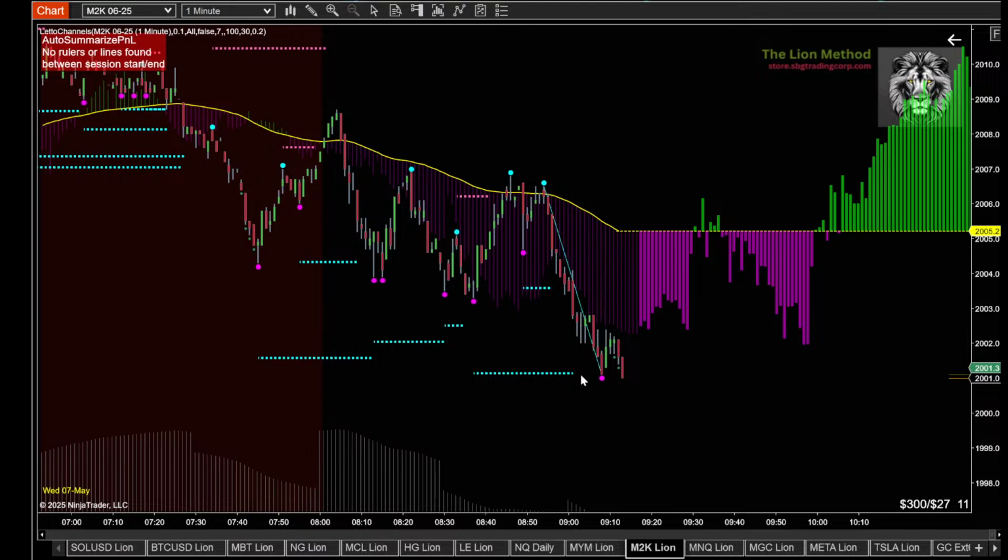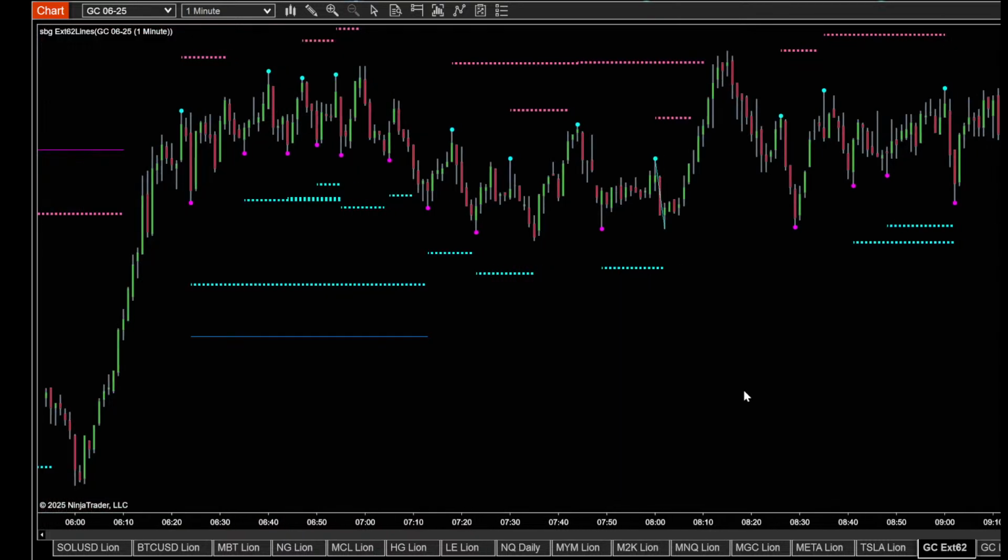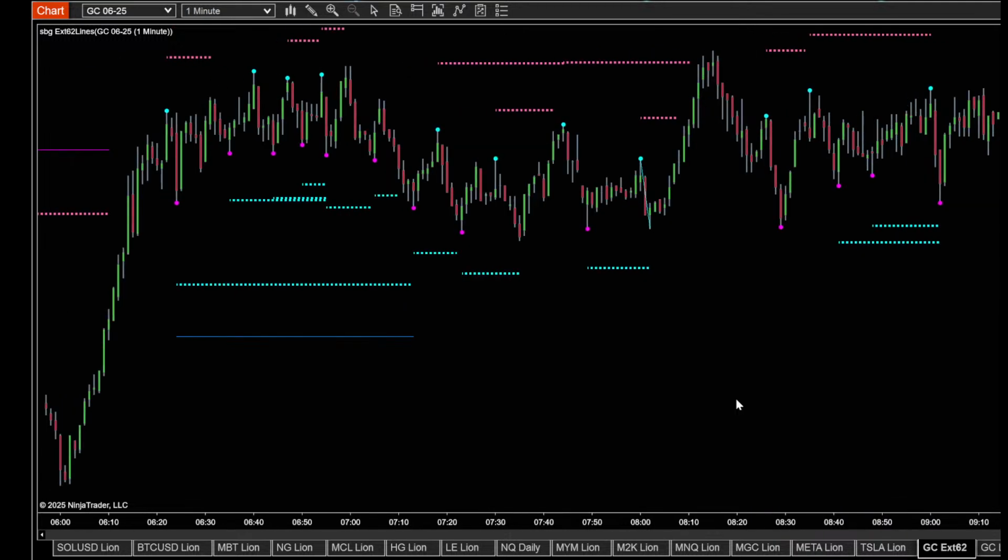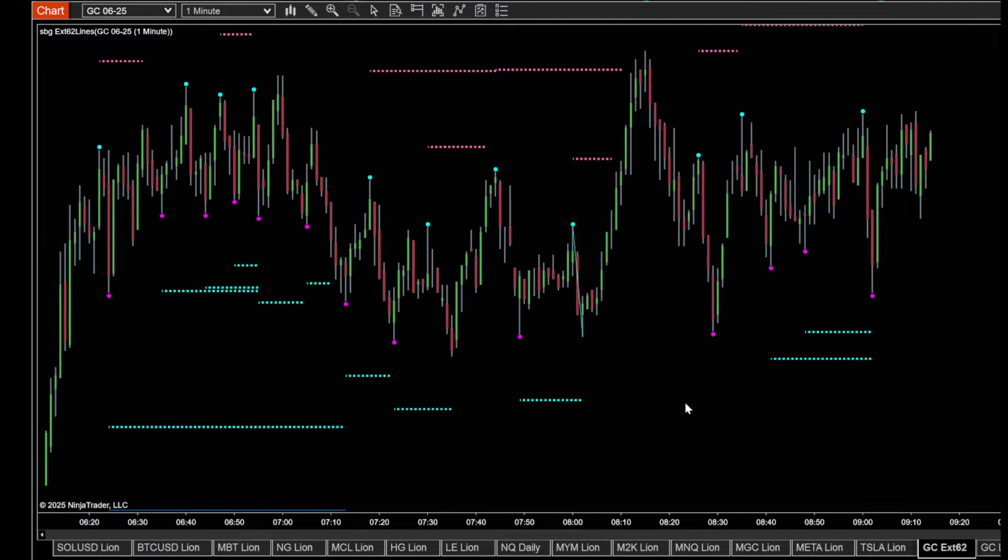If you're a trend trader, you could try and trade them. I'm not really big on trend trading. This was a good trend trade. The other component is the blue lines and the dots, the swing dots, the blue lines and the red dashed lines. That indicator is called the Extension 62 lines. Let's take a look. This is what it looks like isolated. It's just a Fibonacci extension of the recent swing.